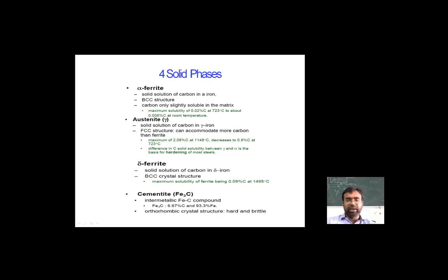It is the intermetallic compound of Fe and C, defined as Fe3C, with a carbon weight percentage in this iron system of 6.67%, and that increases its hardness and brittleness as well. It has an orthorhombic crystal structure, and that is why it is a hard and brittle material.